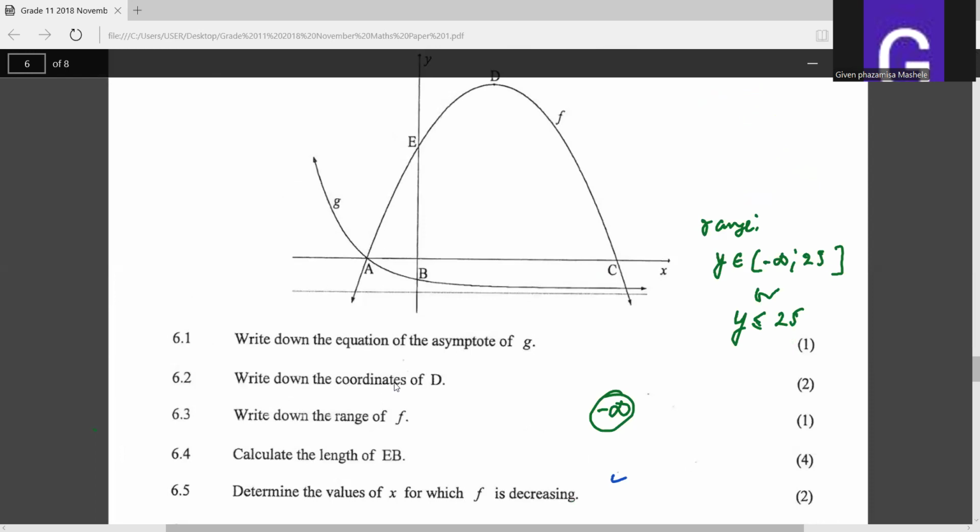To get the length of EB, we need to know the coordinates of E and also of B. E is the y-intercept of the graph of F. So if we take the function F, y equals minus x minus 3 squared plus 25, and E is the y-intercept, it means x is 0. So we substitute 0 where there's x.